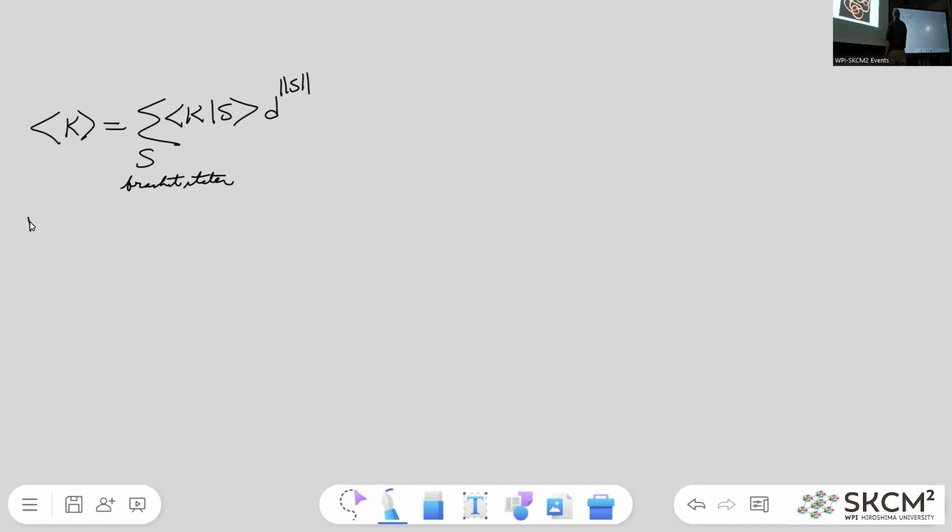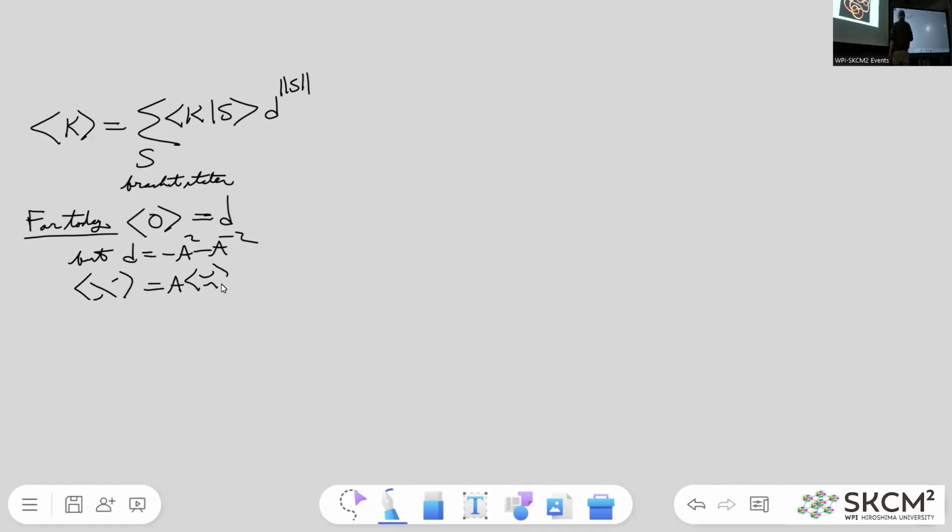For today, let's have that the bracket of this is equal to D, but D is equal to minus A squared minus A to the minus 2, and bracket of this is equal to A times bracket of that plus A inverse bracket of this. So I haven't divided by D on value.